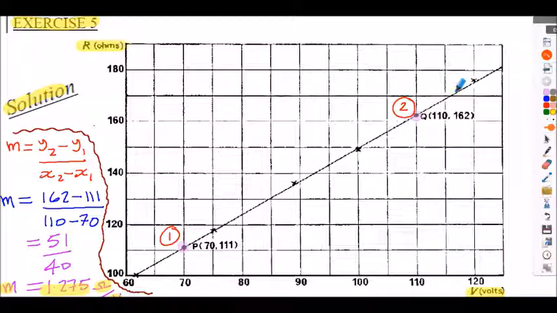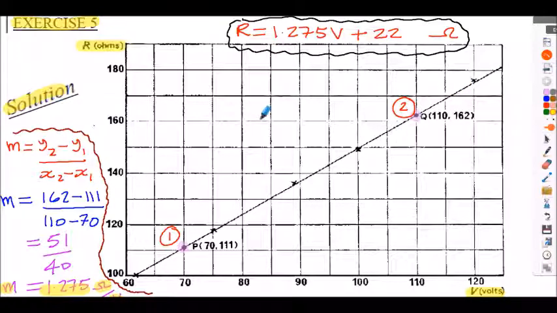And if you've extrapolated the line back to hit the vertical axis, you should find the C value in this case is around about 22 ohms. So for completeness, stating the equation to the line in this case, R would equal 1.275V plus around about 22 for the constant, and that of course would be ohms. On the following slide, we'll show the analytical solution for reference.